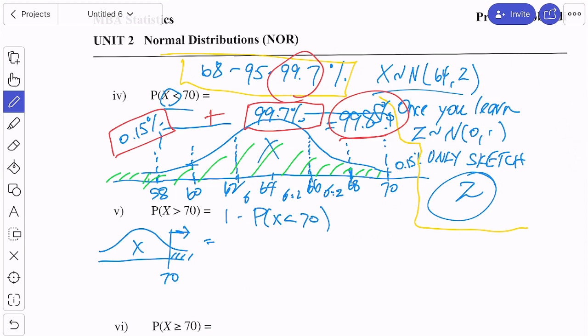So it's just 1 minus what we got before. So this would be 1 minus 0.9985, and the answer would be 0.0015. So that's the answer there.